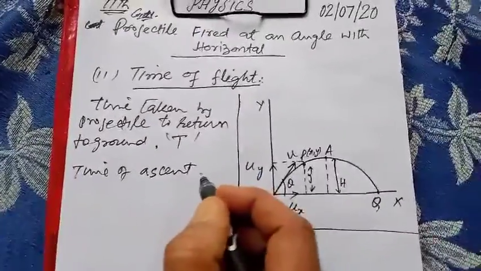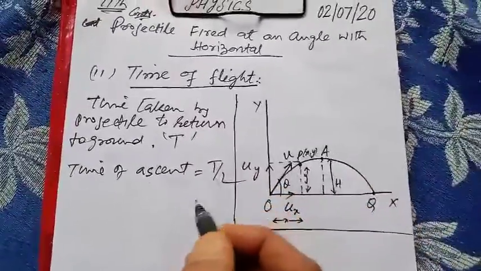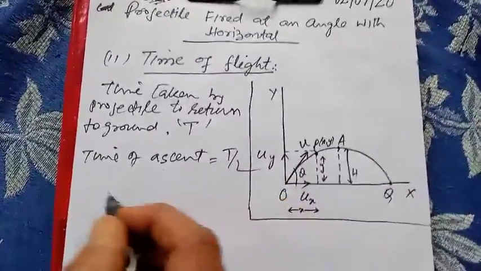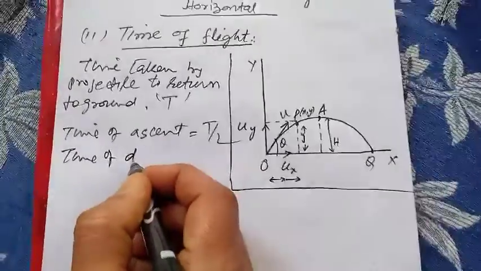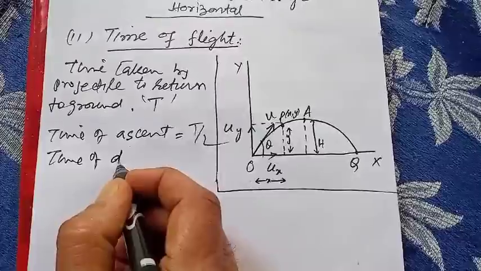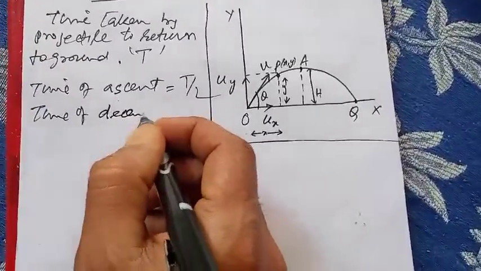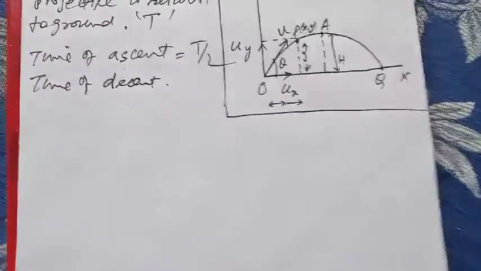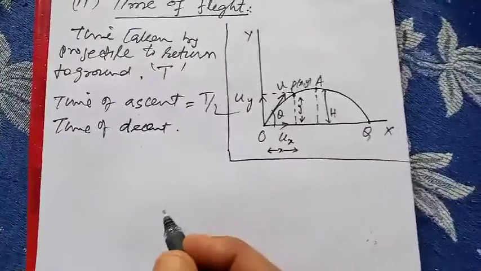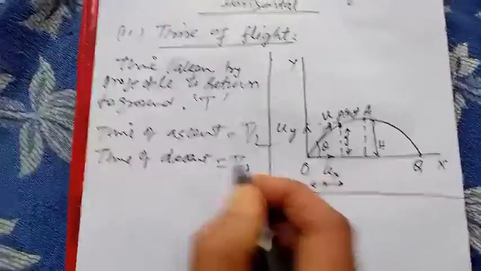Since this is symmetric, this will be half of the total time of flight, T by 2, and time of descent will also be T by 2.